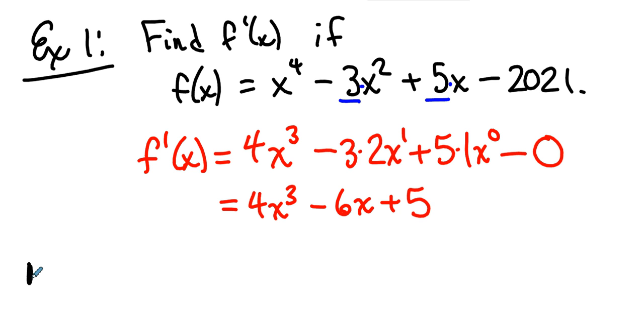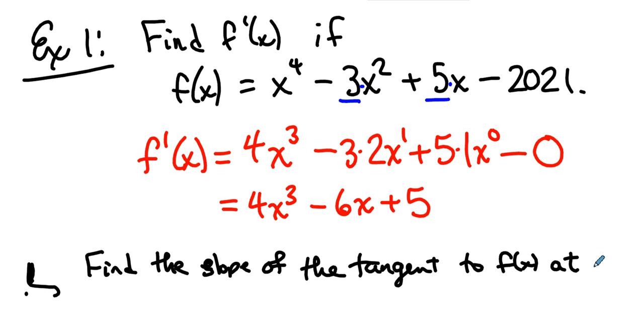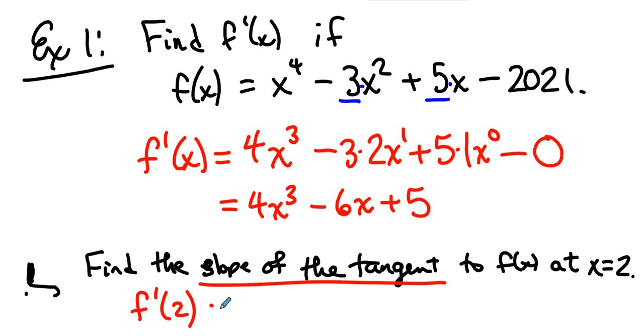Now, here's a quick side note. If we follow up on that to find the slope of the tangent to f of x at x equals 2, the slope of the tangent is f prime at 2. What's f prime at 2?